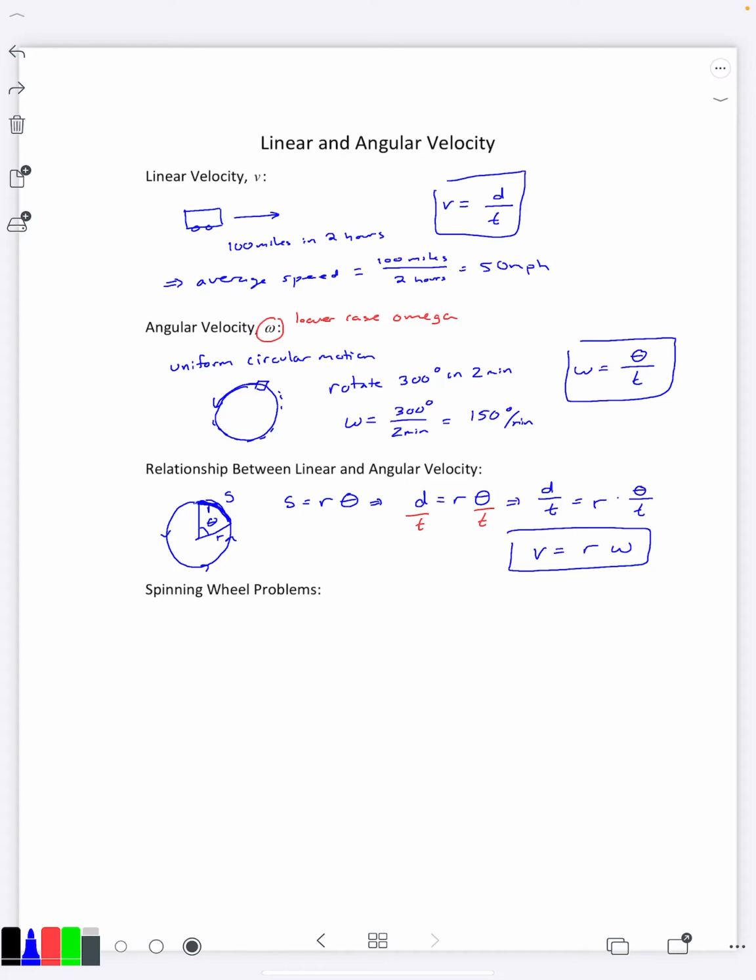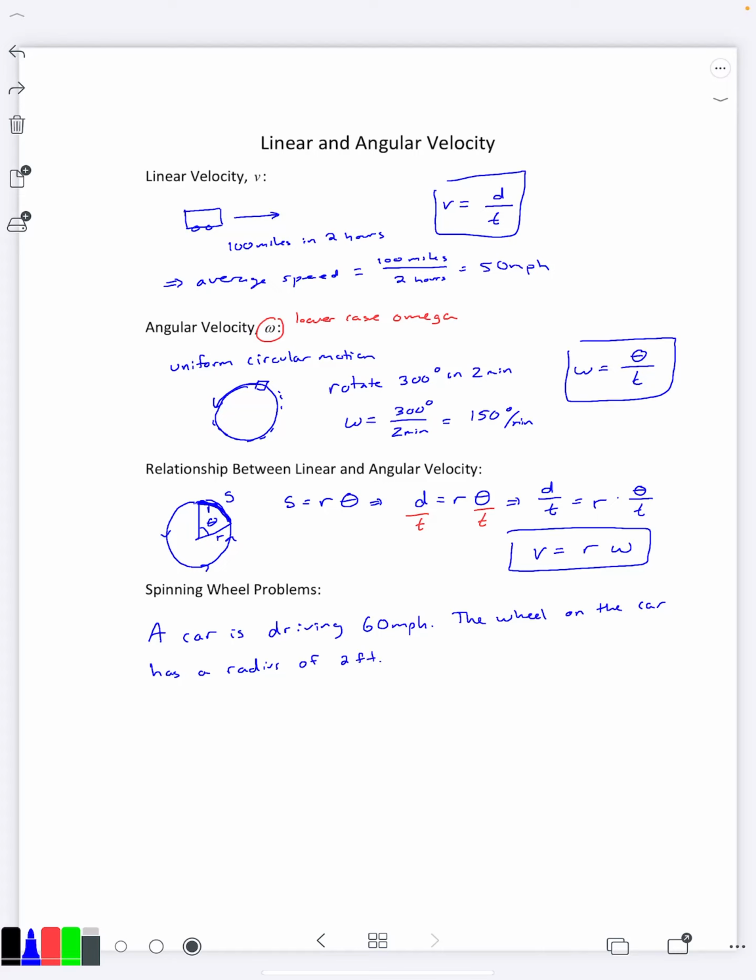Okay, so let's see what we can do now to solve a problem. We're going to do a spinning wheel problem, and we're going to say we have a car. So a car is driving, and let's just say 60 miles per hour. The wheel on the car has a radius of 2 feet.